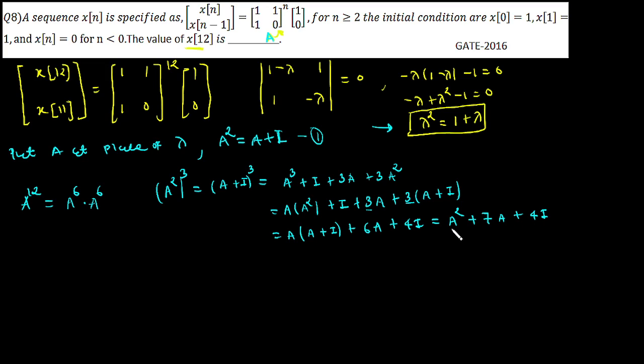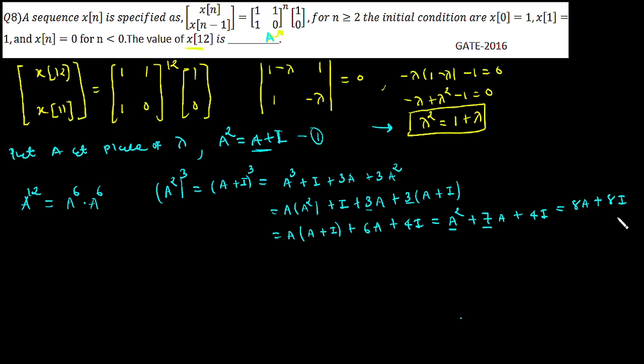Now again replace this A square with A plus I. We have to add 1A to this 7A, because we are replacing this with this value, so we are getting 8A plus 8I.